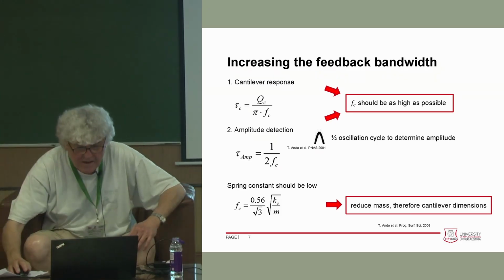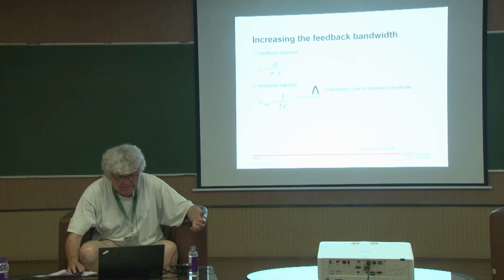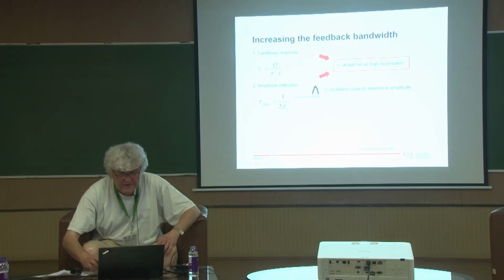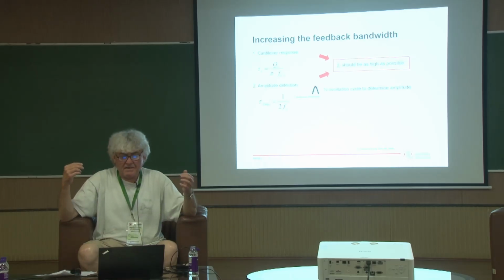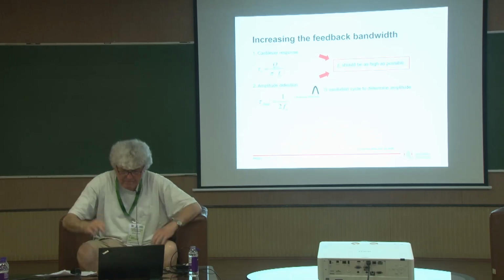Then the time for detecting the amplitude safely is 1/2 divided by the resonance frequency of the cantilever. So what is clear: if you want to reach short times, then the resonance frequency of the cantilever has to be as high as possible.